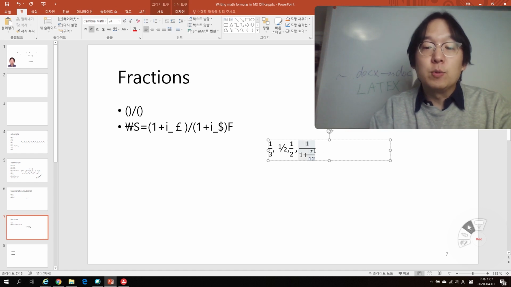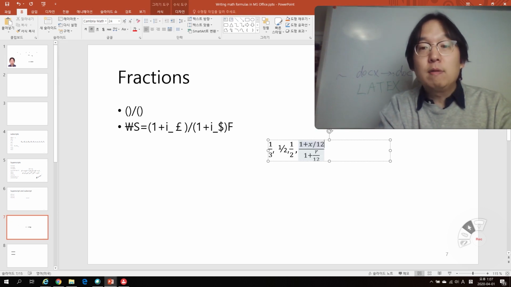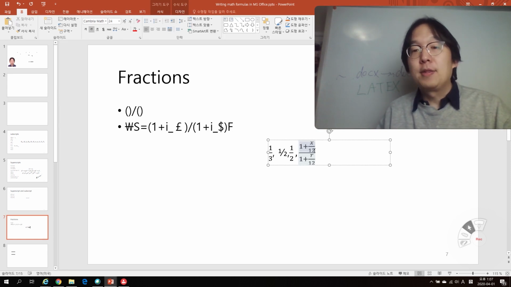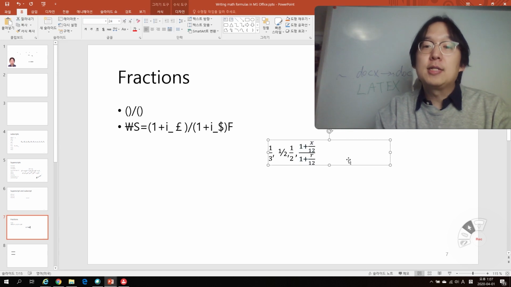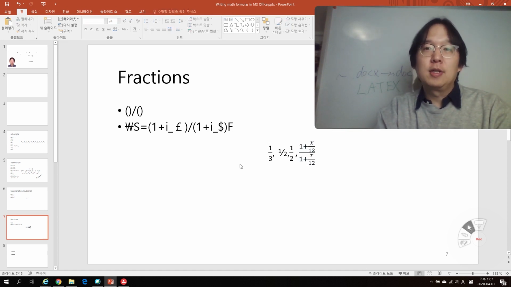I don't know what this will mean, but plus x over 12. Okay, right? Things like that. It just creates a complicated mathematical formula like this using fractions over fractions, right?